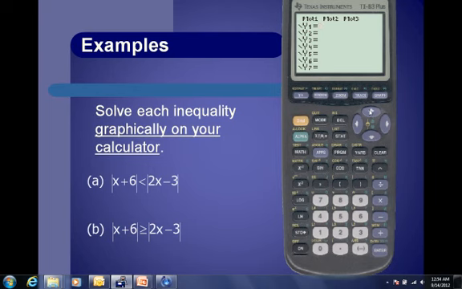Now, these next couple of examples are going to be absolute value inequalities where there is more than one set of absolute value bars. What I want you to do is only do these on your calculator. I just want you to be able to pull off these intersection points. So the first one is the absolute value of x plus 6 is less than the absolute value of 2x minus 3.